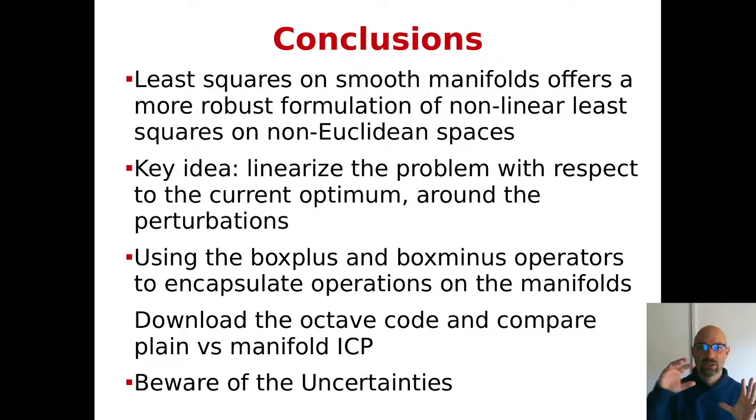So you can imagine that your linearization point on the manifold moves at each iteration, because you update it with a box plus. But then at each iteration you calculate a Euclidean approximation of your problem at the origin. And this keeps you constantly away from singularities, or as far as possible from singularities. Okay.